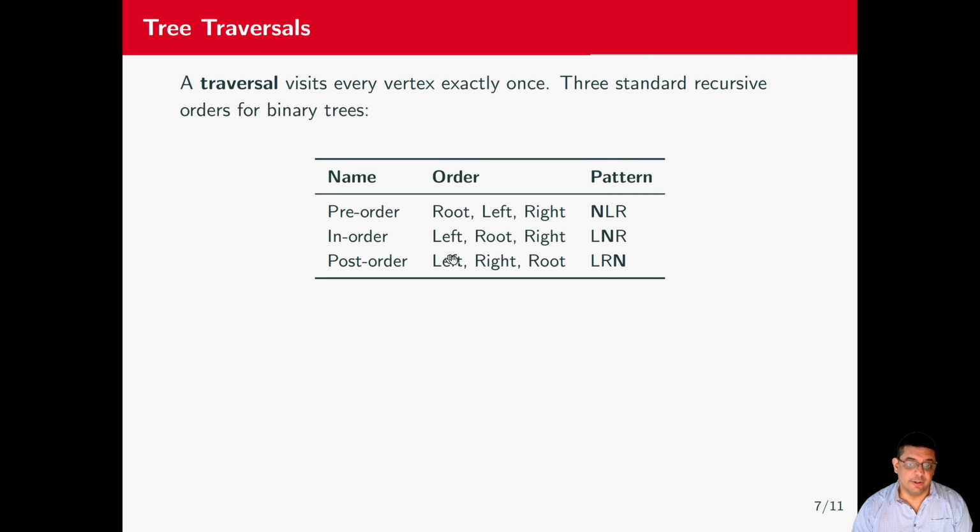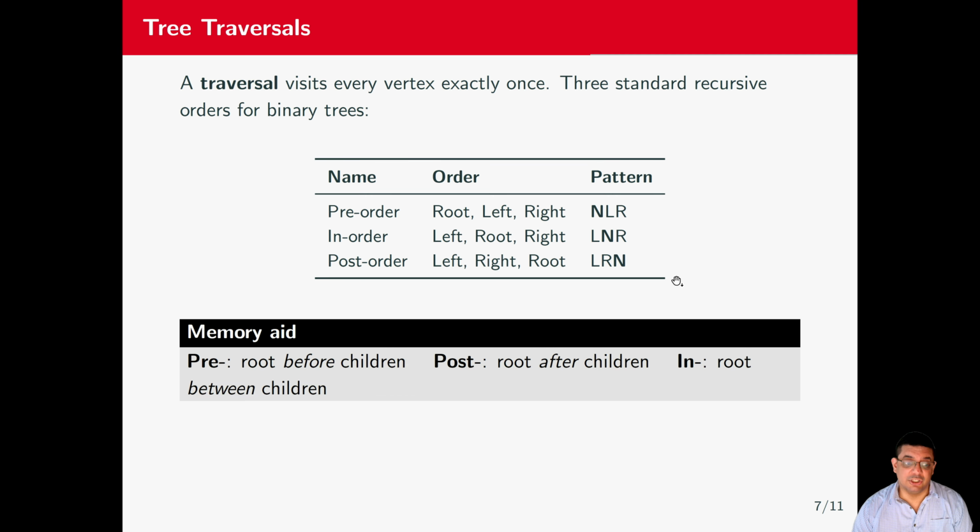The in-order is going to be the left, the root, and the right. So this N stands for the root node. In the post-order, we have left, right, and root. And so that's going to change a lot how we represent a particular set of operations. We're going to look at that with the previous example.